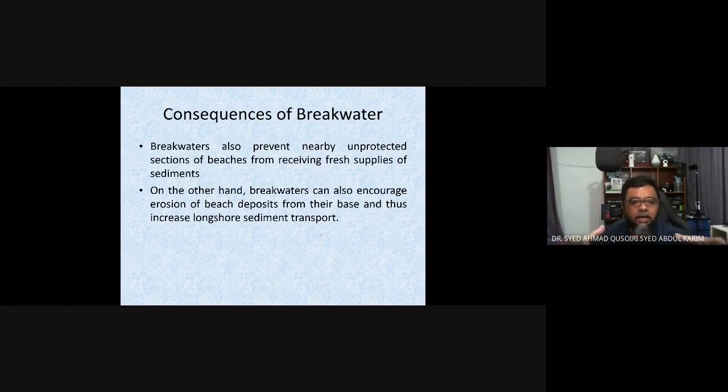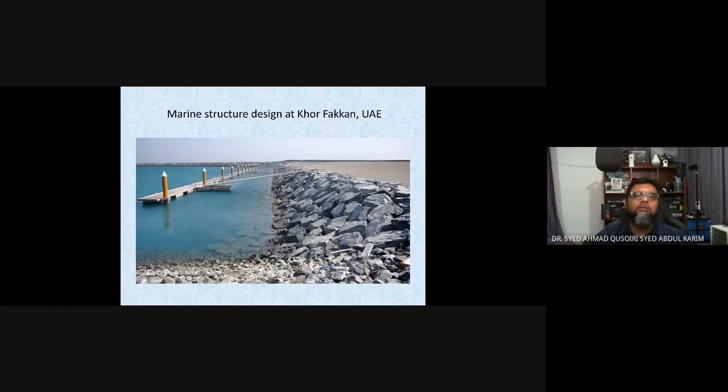So dia boleh menjadikan kawasan yang dia protect tu macam kurang healthy lah. On the other hand, breakwater can also encourage erosion of beach deposit from their base, thus increasing longshore drift. So seperti biasalah kalau breakwater ni tak dilindungi with all those rock armor dan sebagainya, there can be erosion.